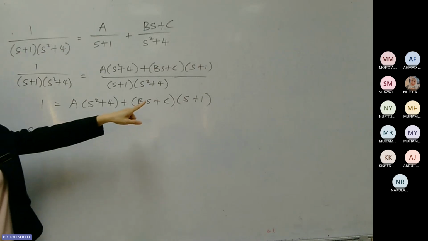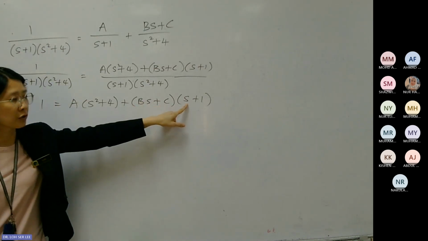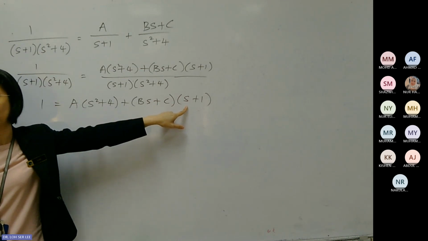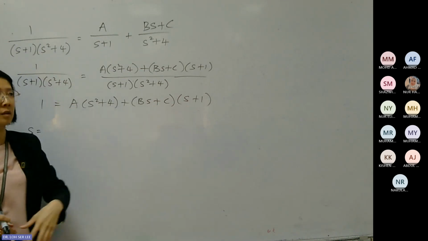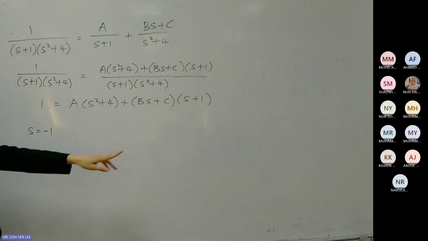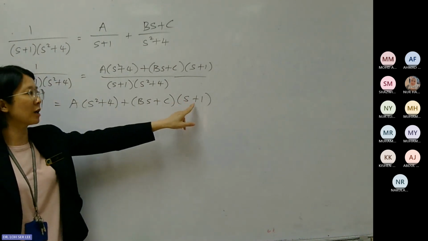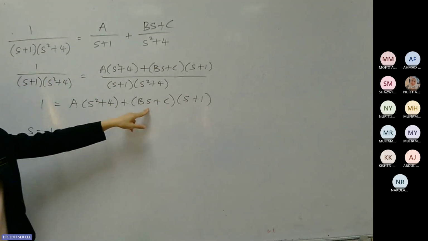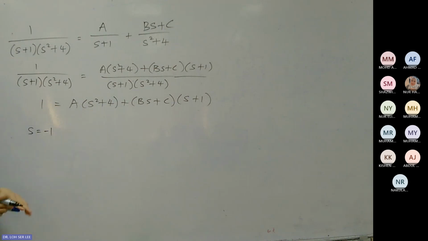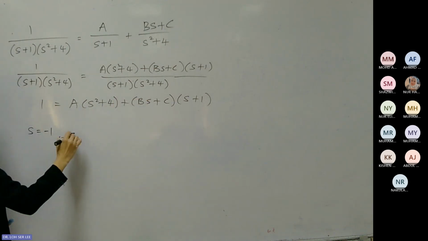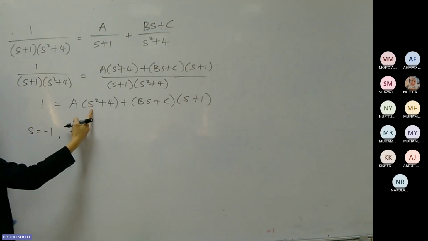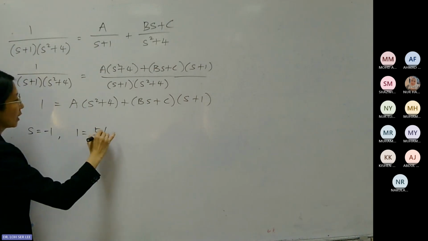So first, we will choose s equals to what? Minus 1. Why do we choose minus 1? Because when s is minus 1, s plus 1 gives 0, and 0 multiplied to this means this is gone, so we have only this. We substitute s equals minus 1 into all s. On the left we have 1, on the right we have minus 1 squared is 1, 1 plus 4, we get 5A.